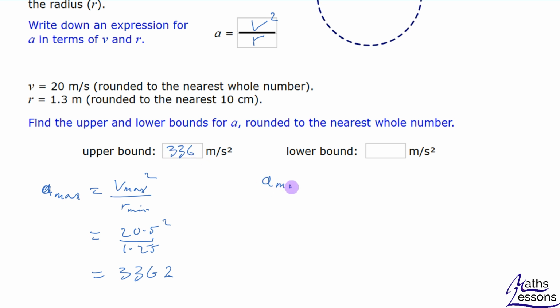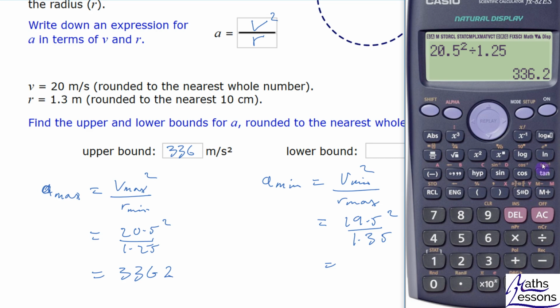For a min, we've got v min squared over r max. Make that as small as possible, so we want 19.5, the next value down, the boundary value, and then we're going to divide by 1.35. This time that'll be right.